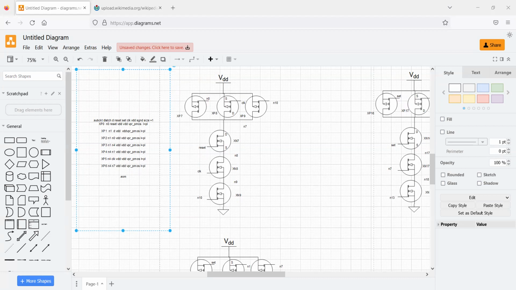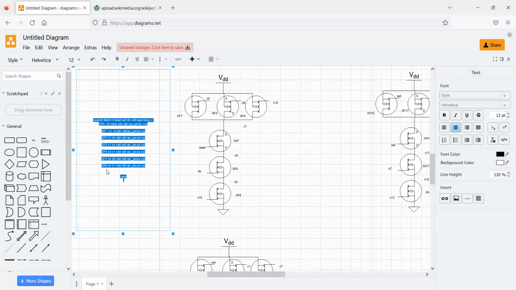Then we have XP8, it goes from N7, clock, VDD. And then we have XP9. For XP9, we have N7, goes to N10, and then goes to VDD also.